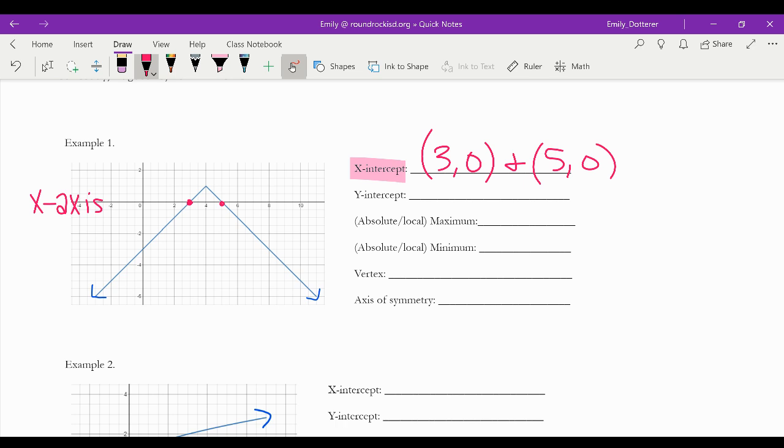Intercepts are points, so we have to write them as coordinate points. They're not just numbers. Any x-intercept will have a y value of 0 because we have gone 0 above or below the x-axis.